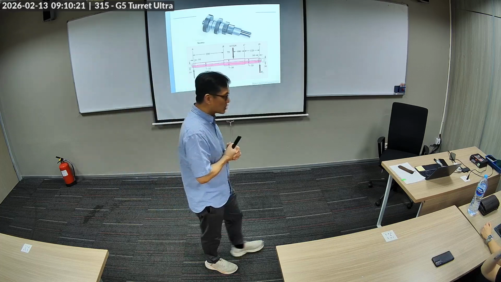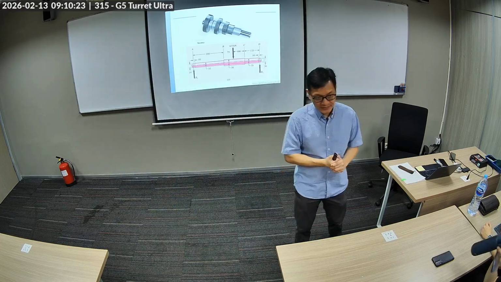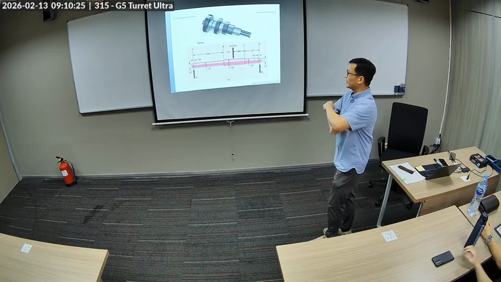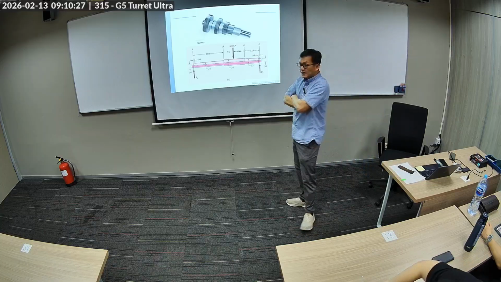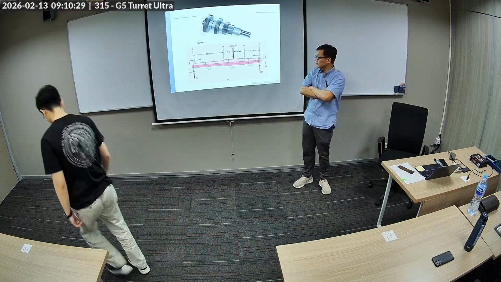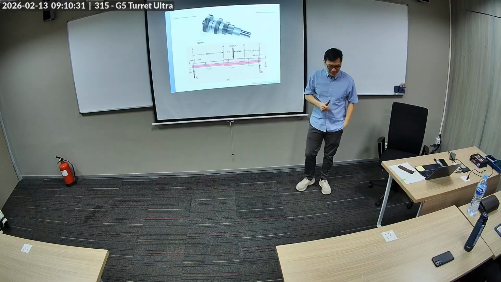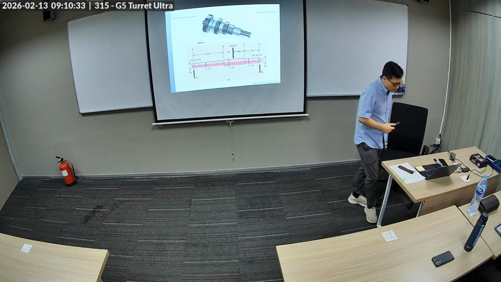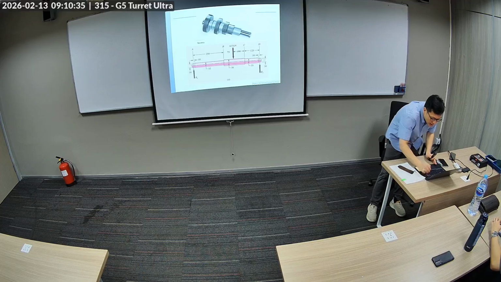So today we're talking about shaft design. How do you design a shaft and what are the design calculations involved? So if you look at the shaft, I'm trying to find the figure.